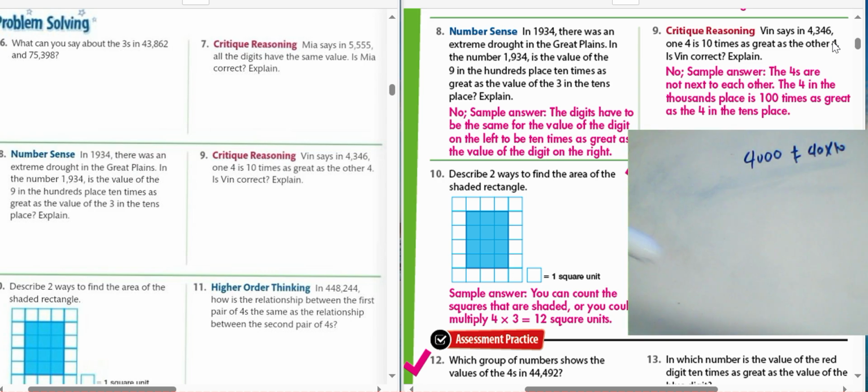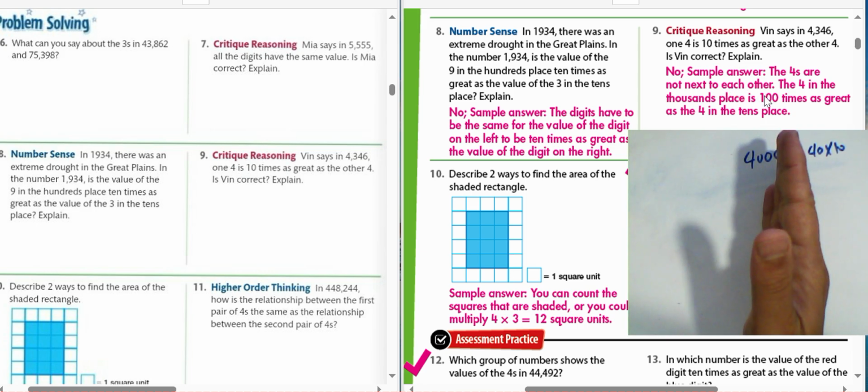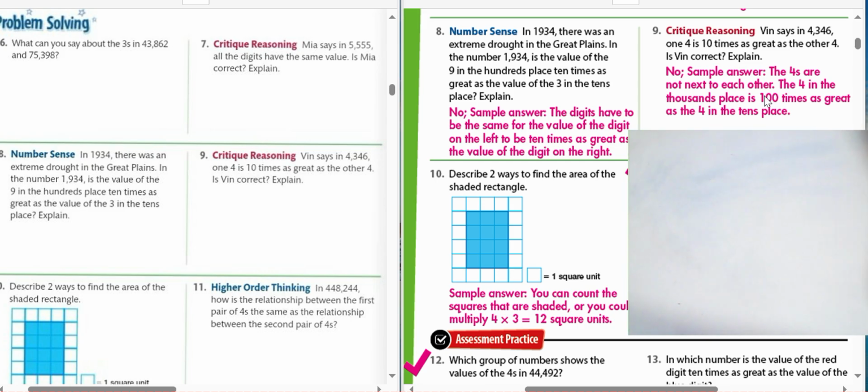The simple answer here: the 4s are not next to each other. We must write the 4 in the tens and next on the left-hand side the hundreds and then the thousands. We do not choose the digit in thousands and the digit in tens. It's not correct. You must multiply by 10 to move to the right-hand side in the table to find the value, like 400 times 10 equals 4,000.